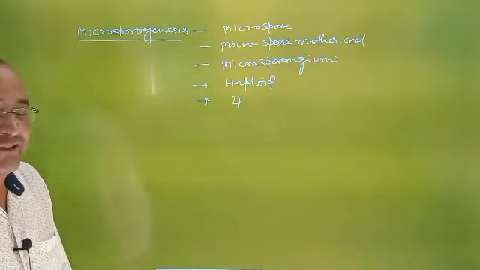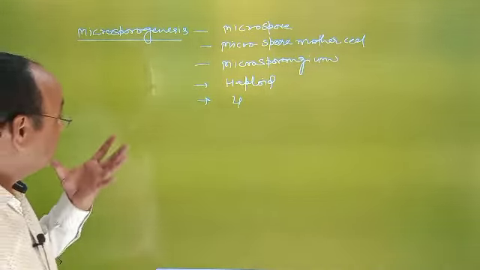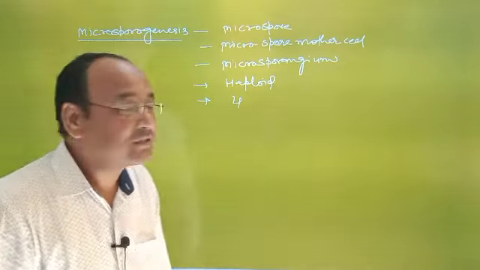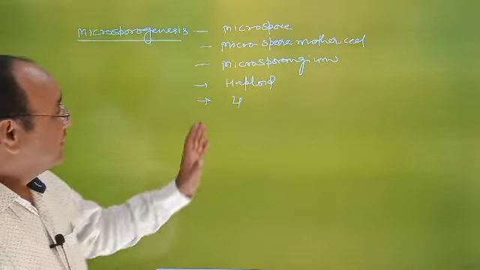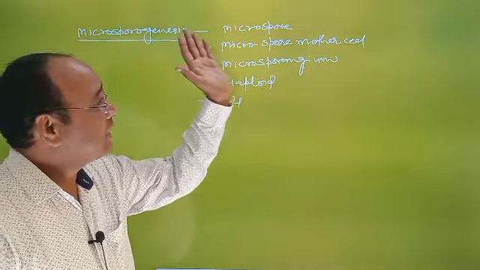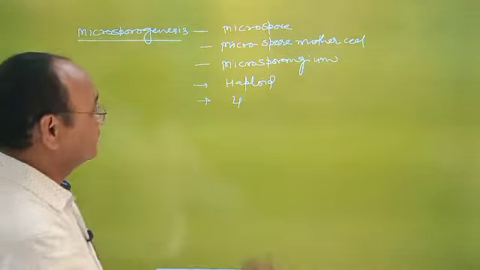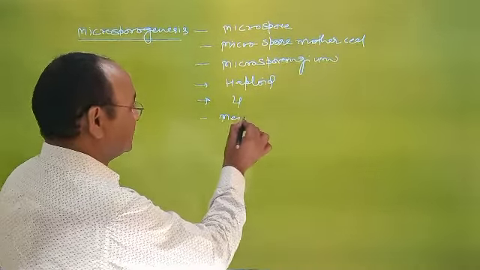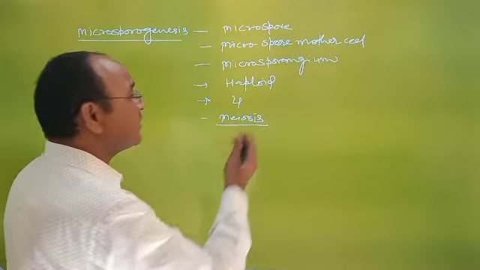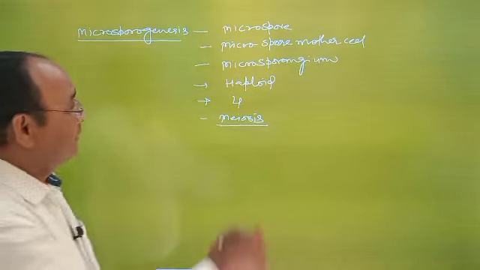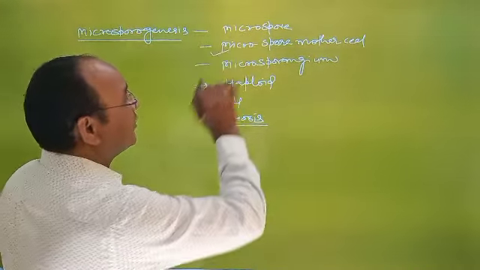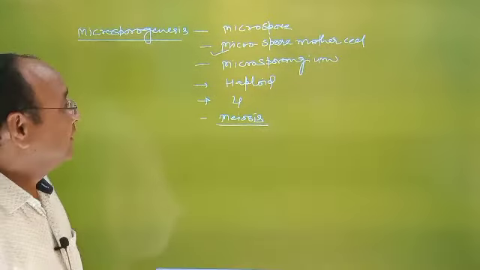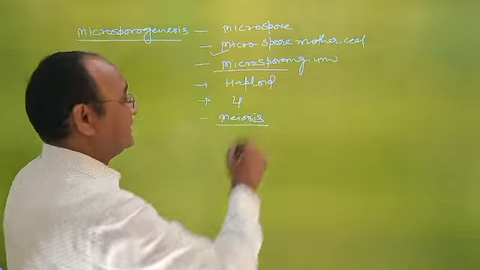What is the best definition of microsporogenesis? Your answer is: development of a haploid microspore by meiosis or meiotic division from the microspore mother cell in the microsporangium.